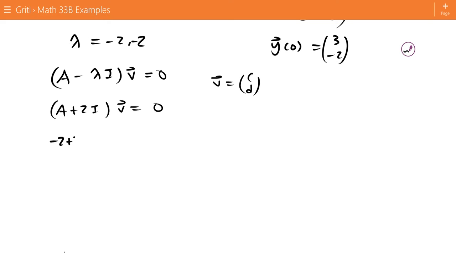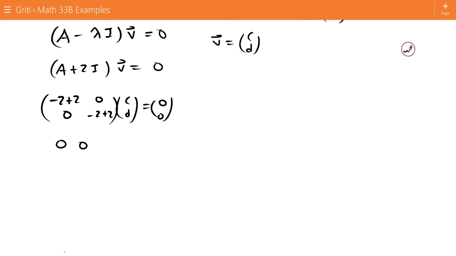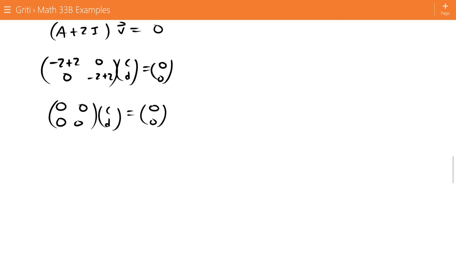This is [-2 plus 2, 0; 0, -2 plus 2] times (c, d) equaling (0, 0). This goes to the zero matrix times (c, d) equaling (0, 0). This gives us no constraints on c and d, because the two equations just simplify to 0 equals 0 and 0 equals 0.